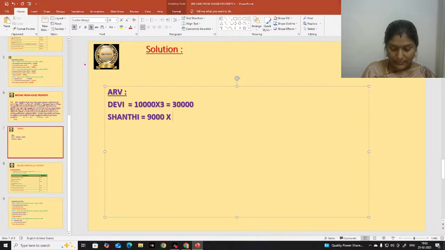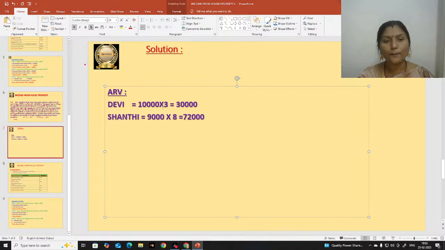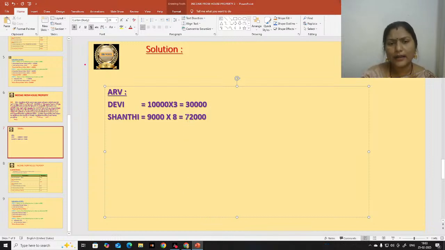For 1 month it is 9,000. For 8 months how much? You can calculate that. 9,000 into 8. So it is 72,000. Our assessee is receiving 72,000 rent from Shanti. Hope this is clear for everyone. Now what is the total rent that our assessee is collecting from these two persons during the previous year? From Devi she is receiving 30,000 and from Shanti she is receiving 72,000.